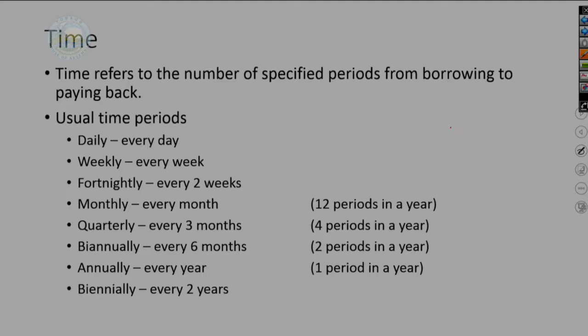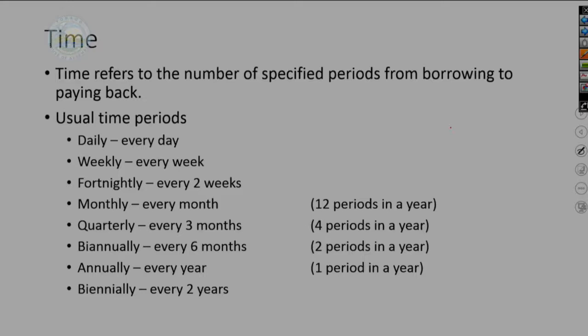What is important to note is that the interest rate must be within the same time period. So if you have an annual interest rate, but we're talking about a daily time period, we can't use those together. We must convert one to the other. Our interest rate must be in the same time period. That's important.